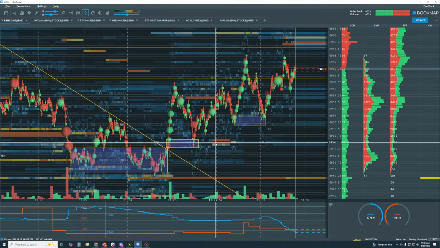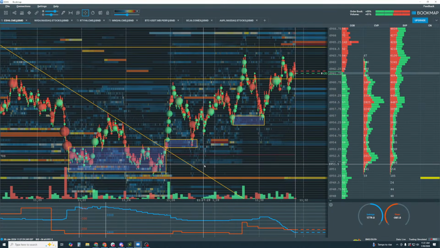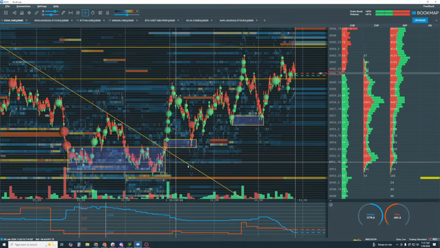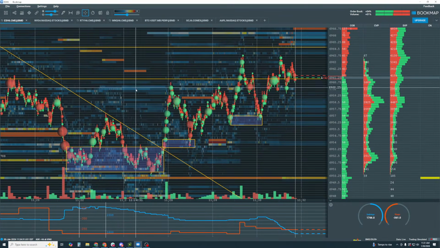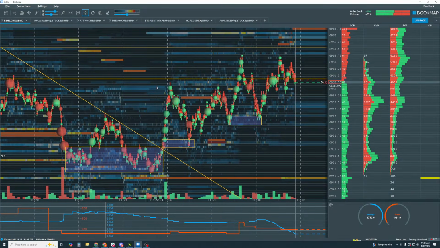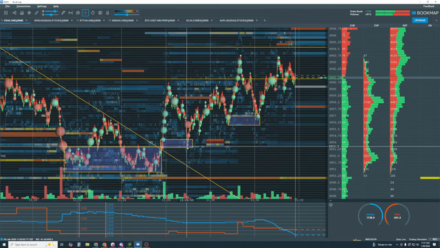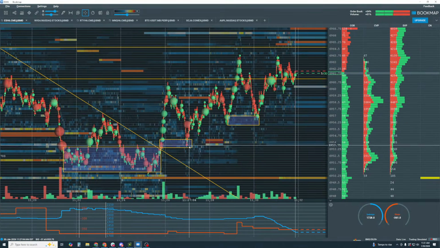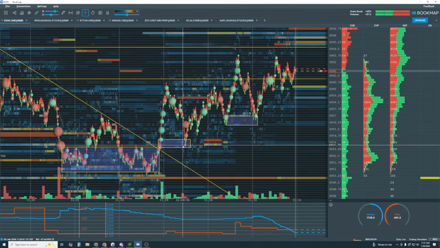So where's the high liquidity? Where are the passive orders here? Well, there's some down here at 50. There was some up in here. There was nothing down here, and we didn't get sellers. So this is kind of interesting. There's your low volume pullback, a very deep low volume pullback.